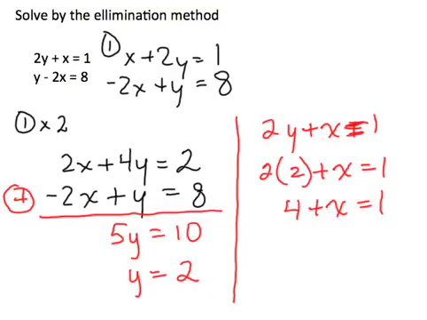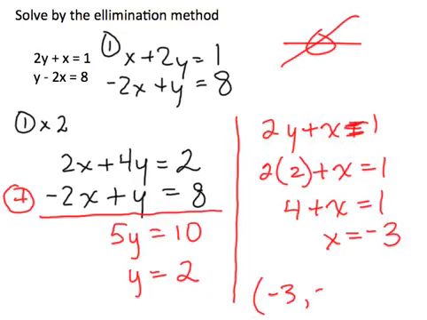So it's 4 plus x is equal to 1. Subtract 4 from both sides. I get x is a negative 3. So my solution to this system, the point at which those two lines cross, is the point minus 3 and 2. Again, you can check that in both equations.